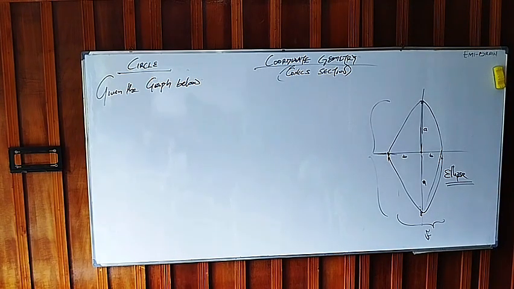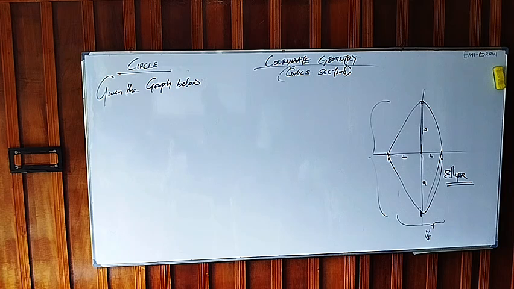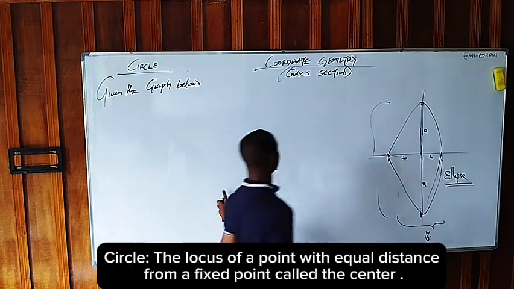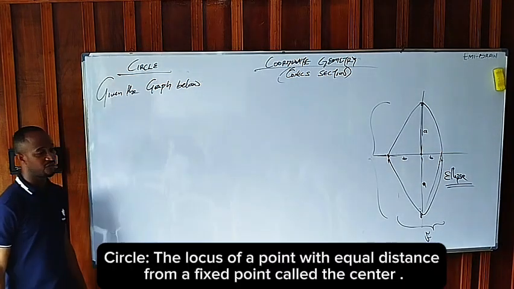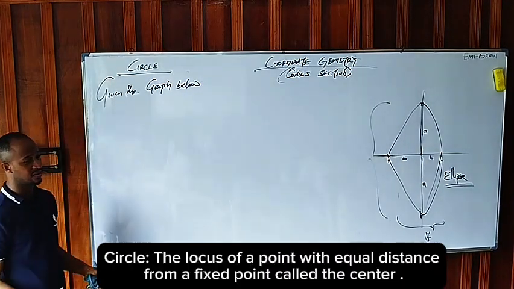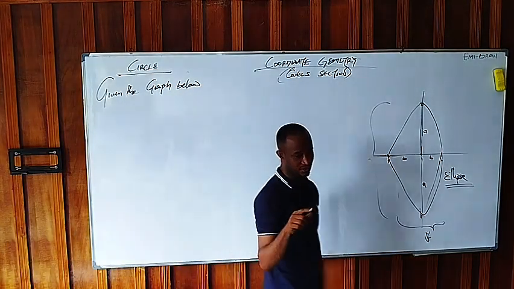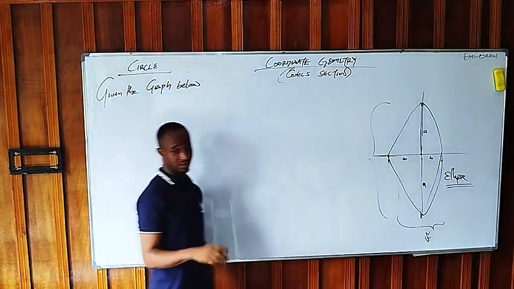Sorry. Let's clear this. Alright. So we have defined a circle as what? The locus of a point in equal distance from a fixed point called the center. And you say that for a circle, center is H comma K. Am I communicating?